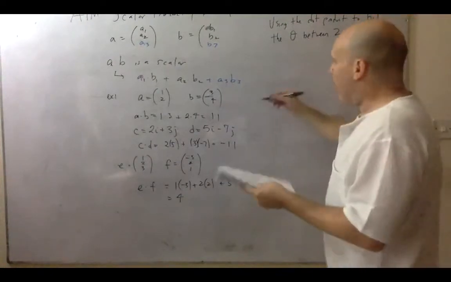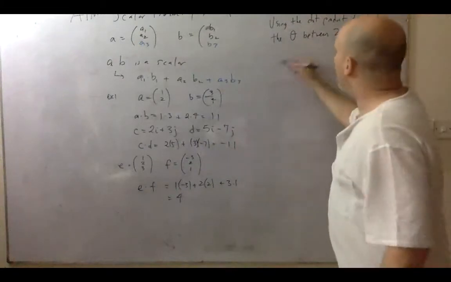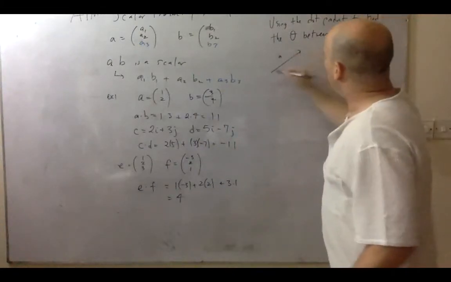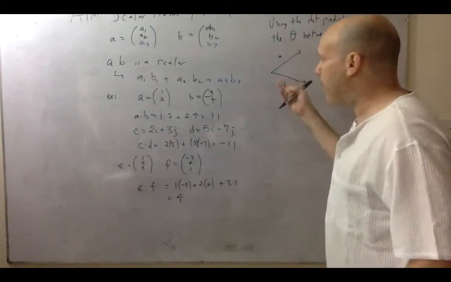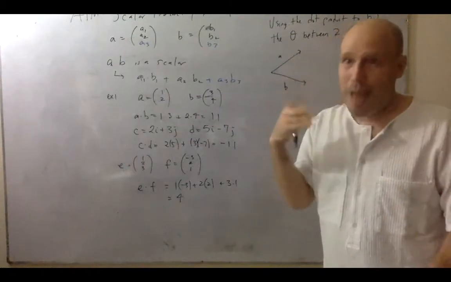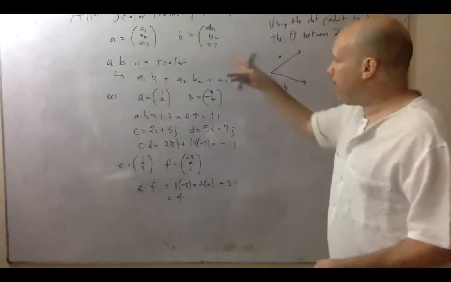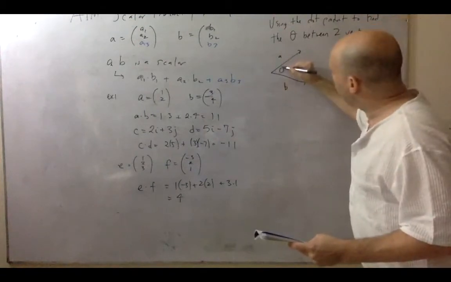The idea is we have 2 totally random vectors, and we're going to put them tail to tail. So we have vector A, and we have vector B. Let's keep it in 2 dimensions, and you know that we can expand it to 3 dimensions. So we have A, B with this angle between.